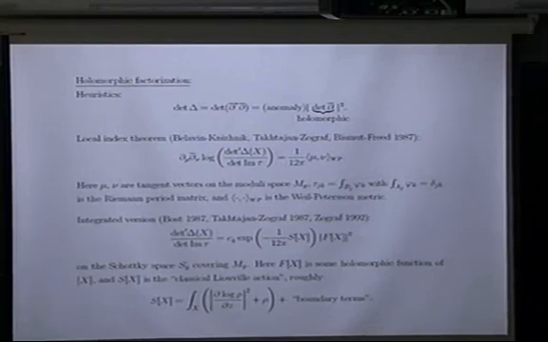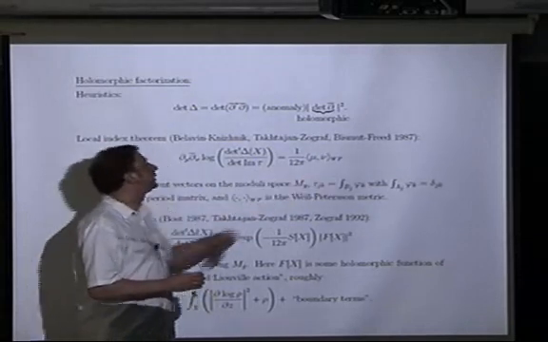Here we're working on the moduli space of genus g Riemann surfaces. The mu and nu are tangent vectors, and the WP is the Weil-Petersson metric.